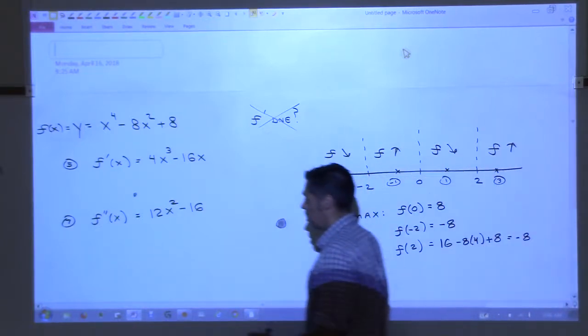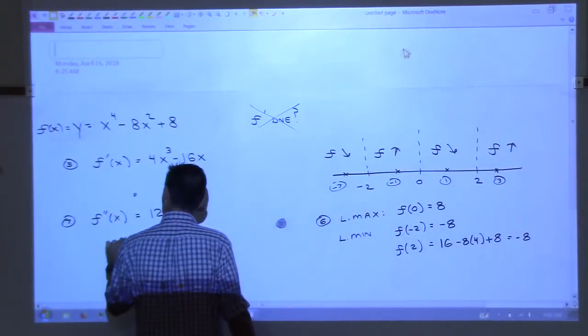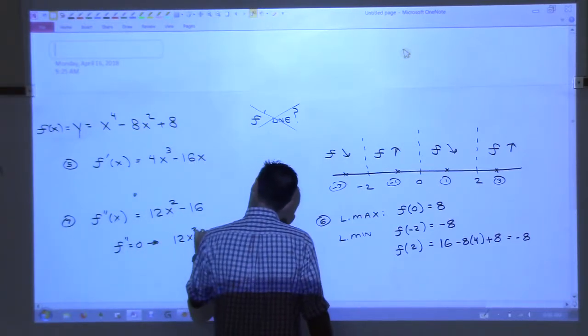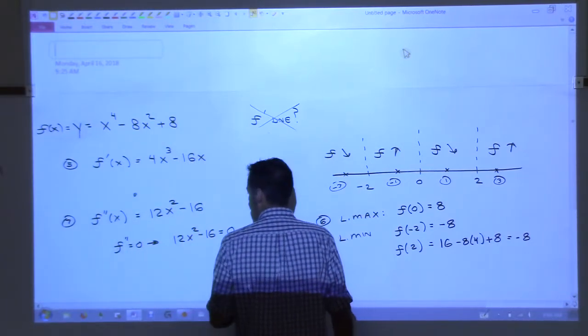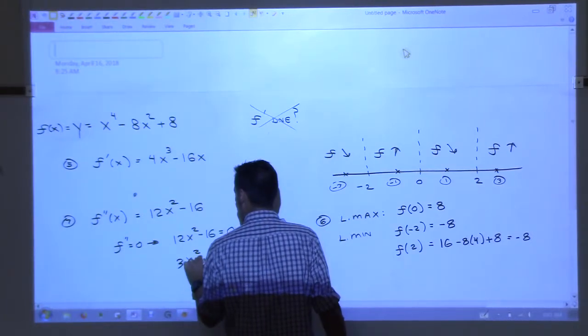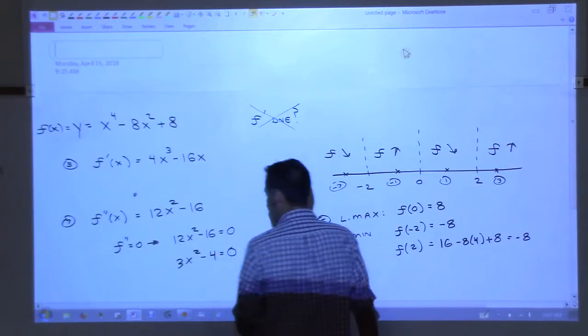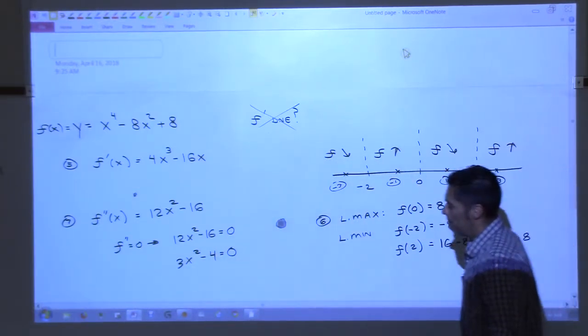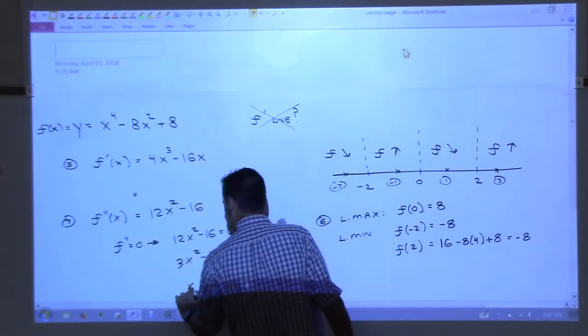And then we'll set that equal to 0. And you can pull a 4 out. I'm going to divide by 4. Is that allowed? I can divide by 4 because it's an equation. I have 0 on the other side. And move the 4 over.